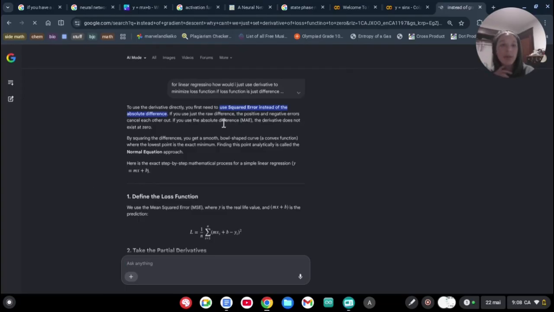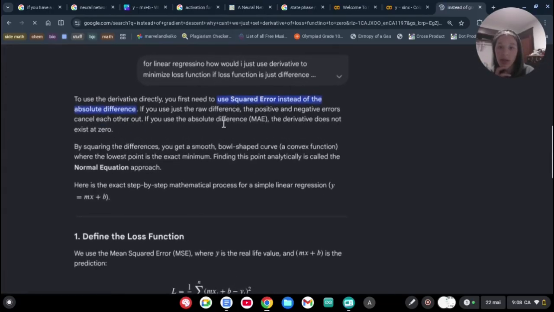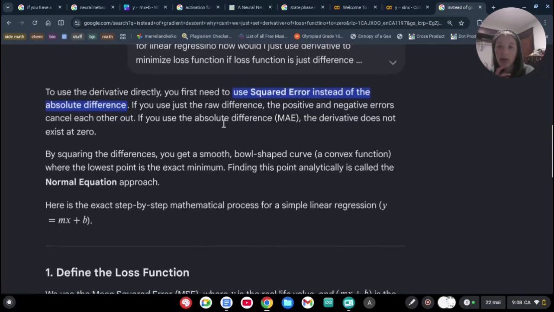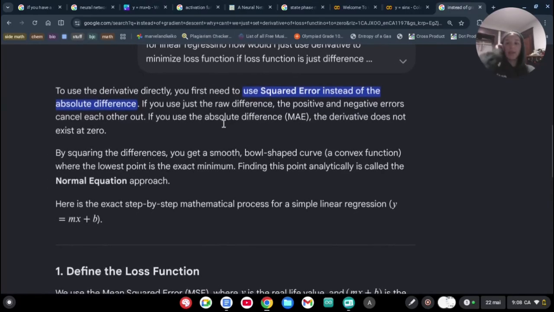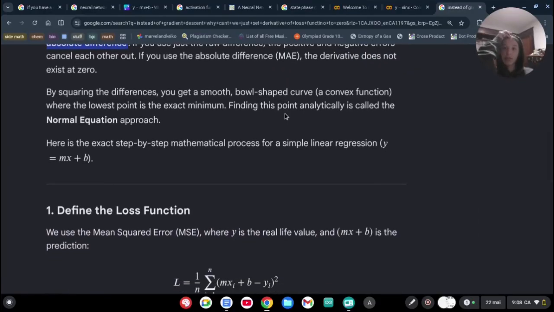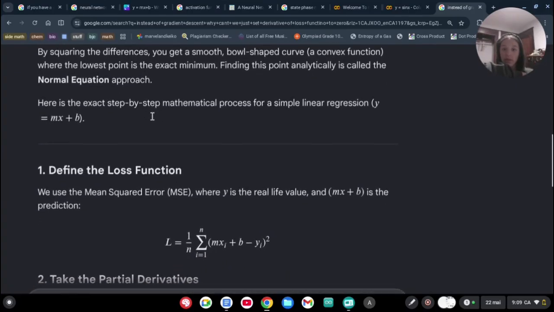Okay, so I guess our setup is just wrong to begin with. If you just use the raw difference, the positive and negative errors cancel each other out. This process is called the normal equation approach. And how do we do this?